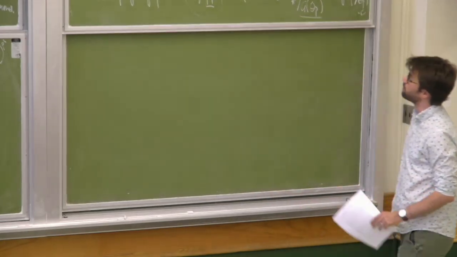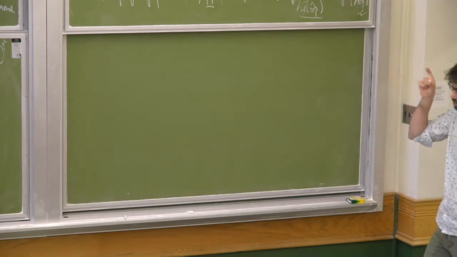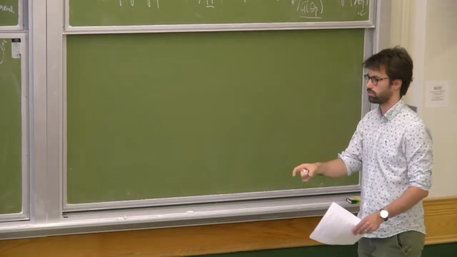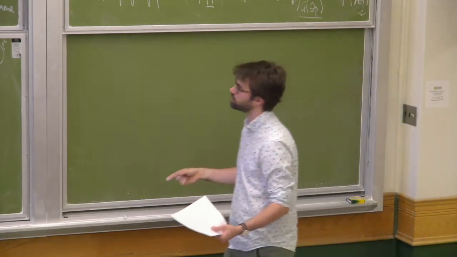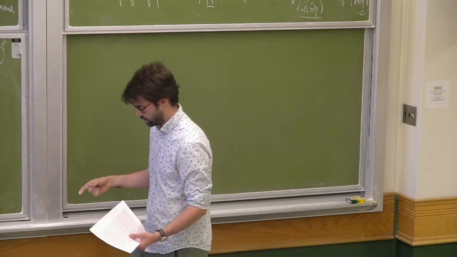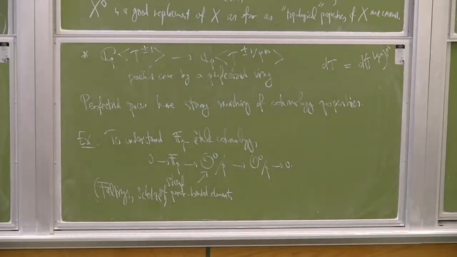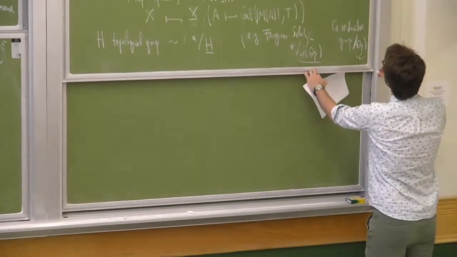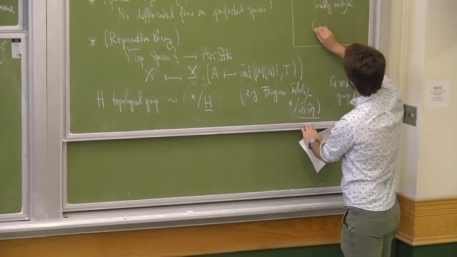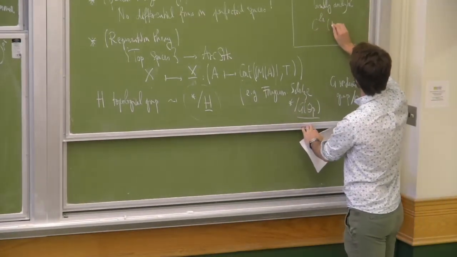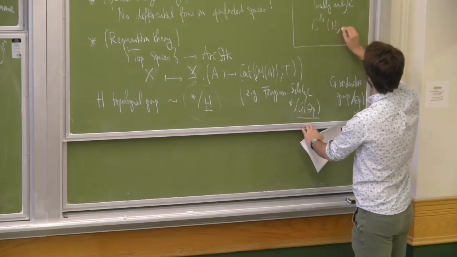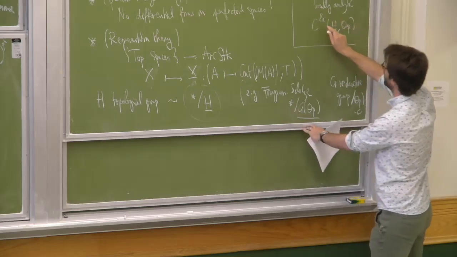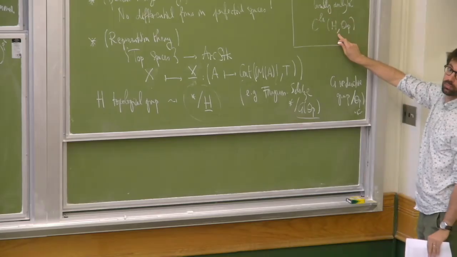Observe as well that this is not really an issue of perfectoid rings versus more general rings, in the sense that when you look at p-adic groups, typically if it's compact, you may want to look at something like the spectrum of the ring of locally analytic functions.